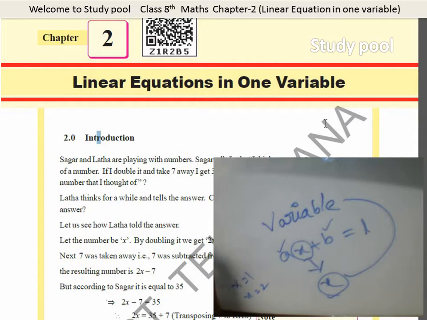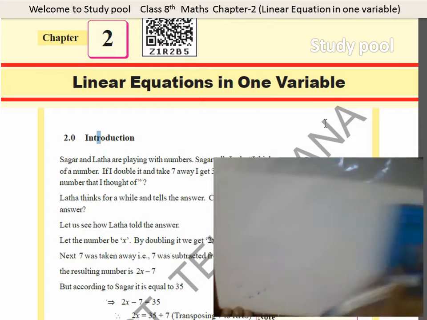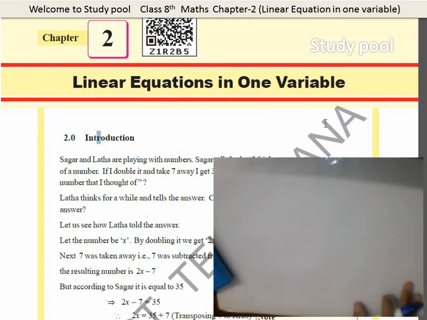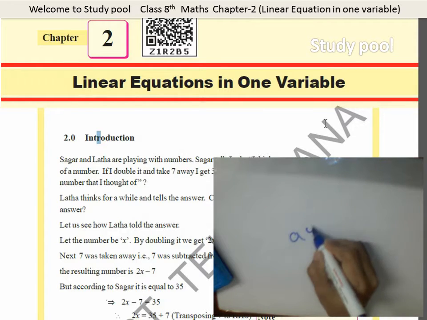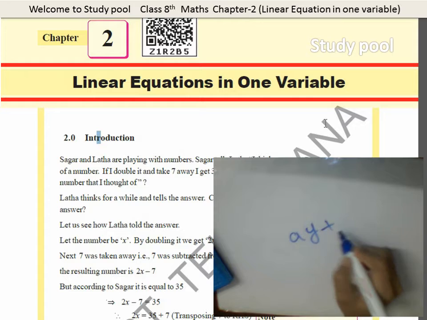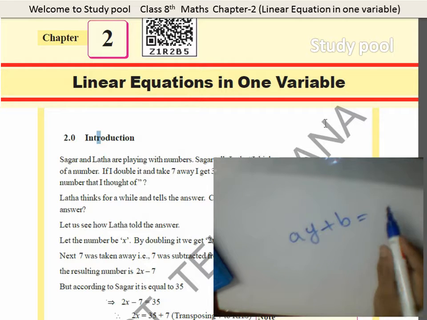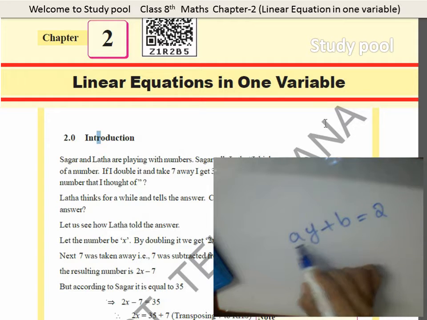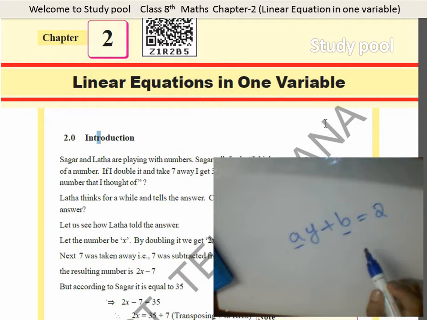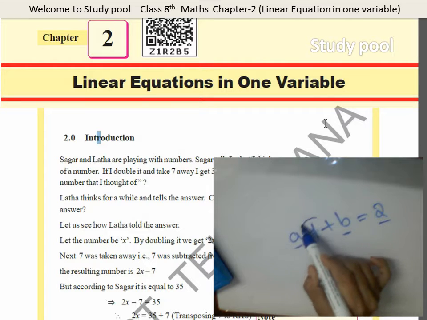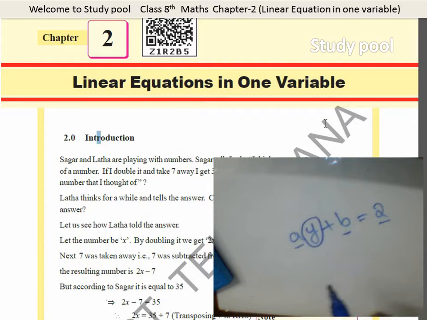If we take another expression, suppose ay plus b is equal to 2. Here a and b are constant terms and 2 is also a constant, but y is the variable.